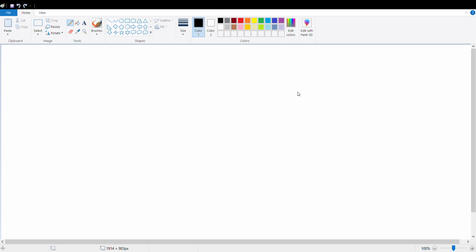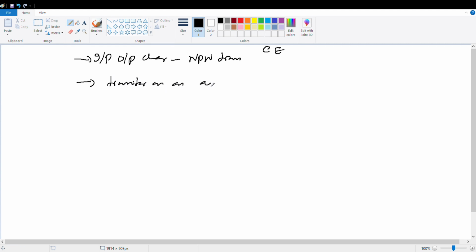Now in your syllabus, we have only two things. One is the input characteristics and output characteristics of the NPN transistor, that too common emitter, and the transistor as an amplifier.